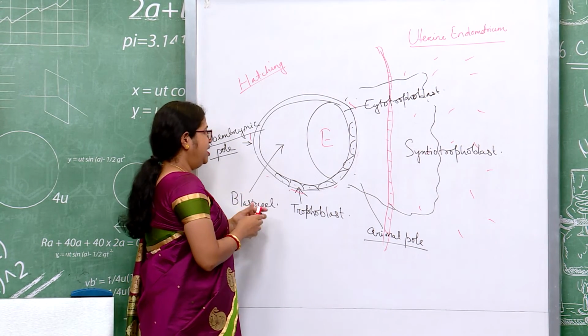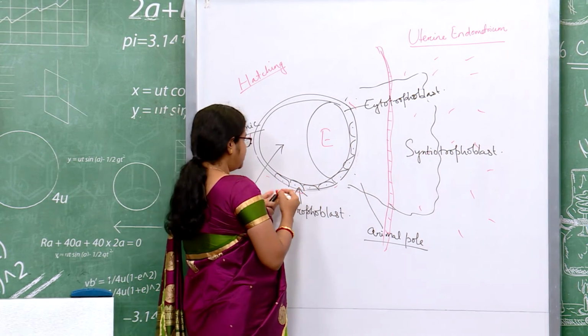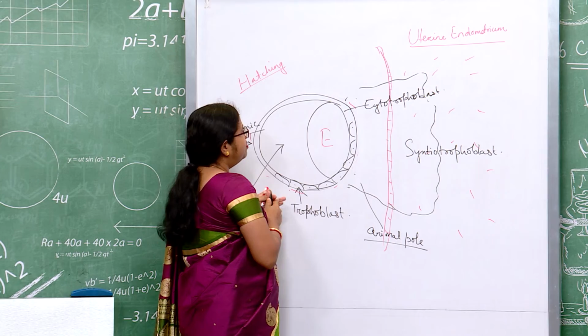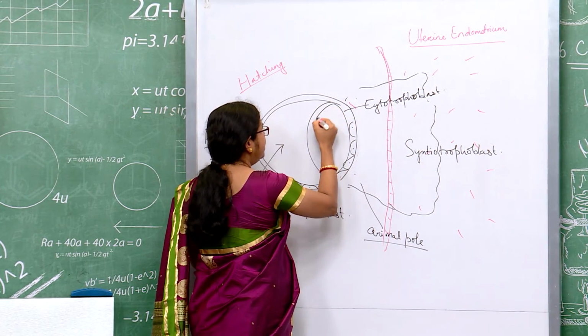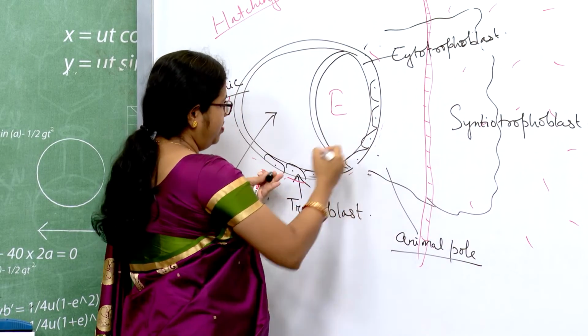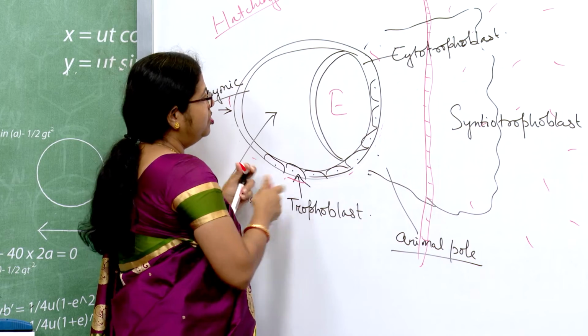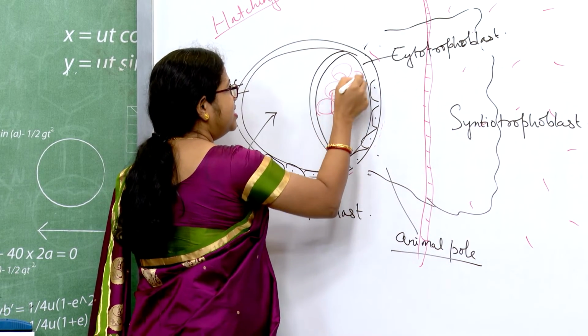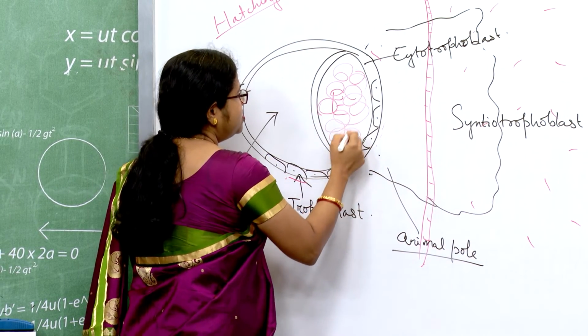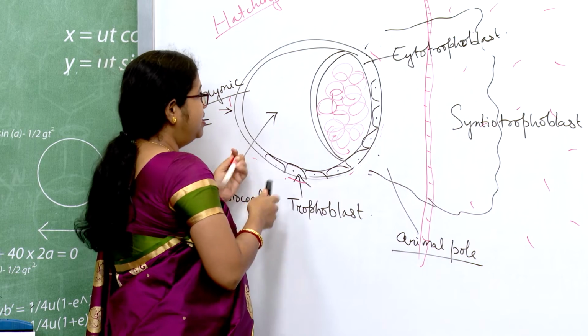What will happen to the embryoblast? These cells will form a bilaminar disc.